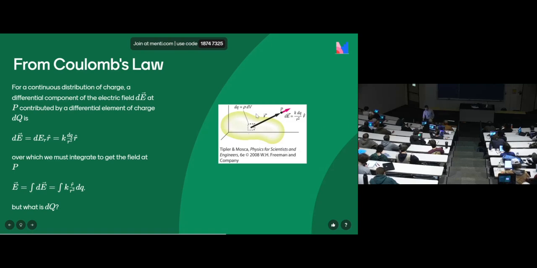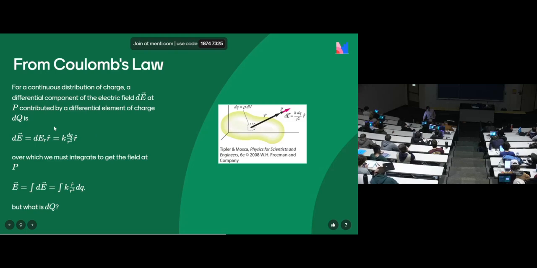You can see from this little yellow blob here the amount of differential electric field contributed at point P from this single point in the blob, which is just a differentially small amount of charge Q. And I apologize, I didn't get this slide edited. I use big Q here and little q here, but I'm talking about the same amount of charge.